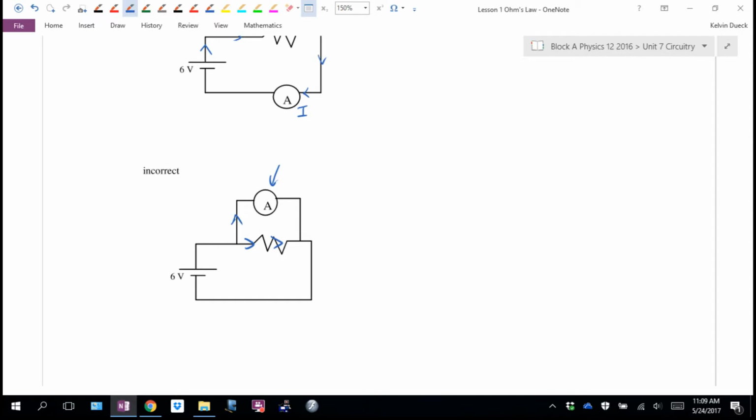What about for a voltmeter? Well, I said voltage was like height. To measure the height of something, you have to measure in 2 locations, the bottom and the top. If you're trying to measure how tall something is, you can't just put one mark on there. You have to know where you're measuring from, where the bottom is. Usually we measure from the ground. In a circuit, you can measure from anywhere you want.